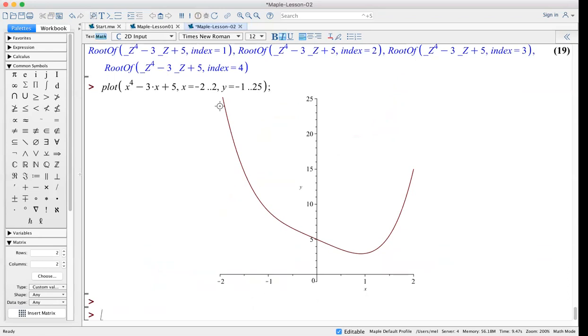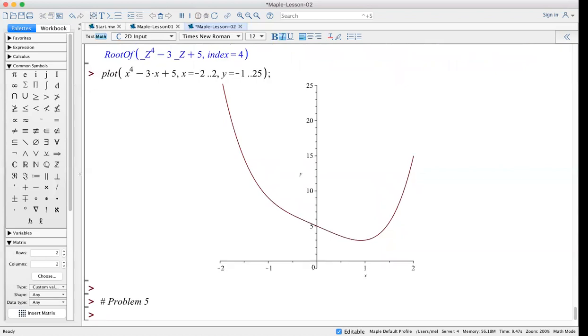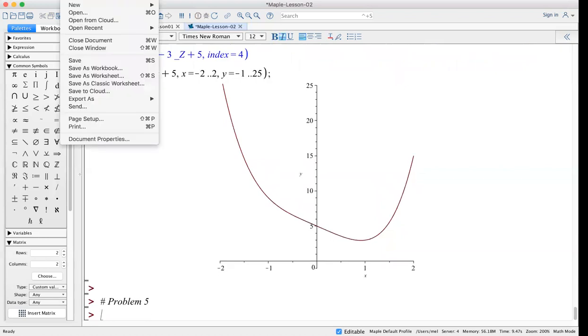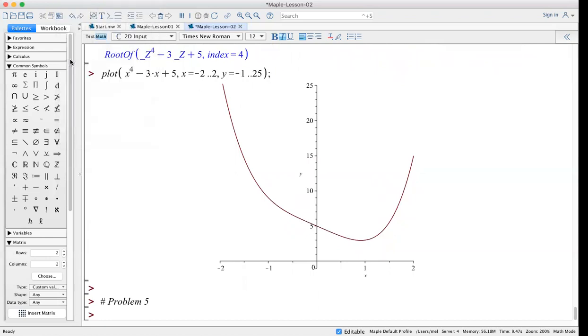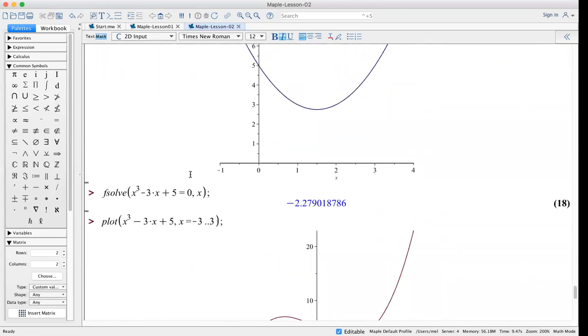Let's go back. So this is problem 5 now. Let me save. It's important to save as much as possible, so I don't lose it. I want to look at the graph of the cubic.